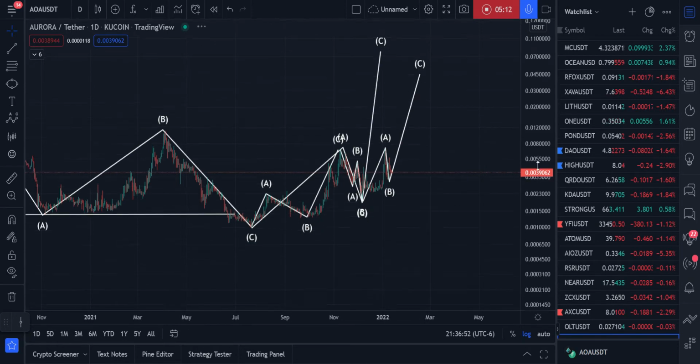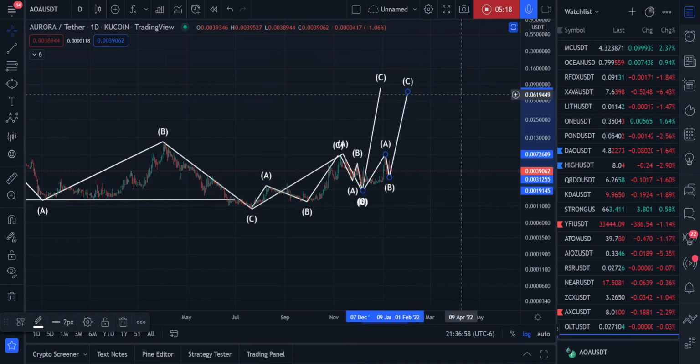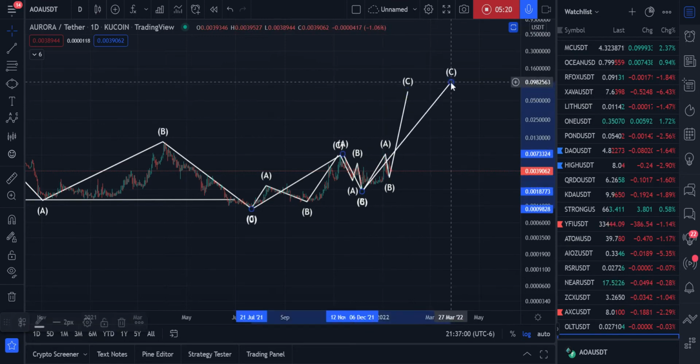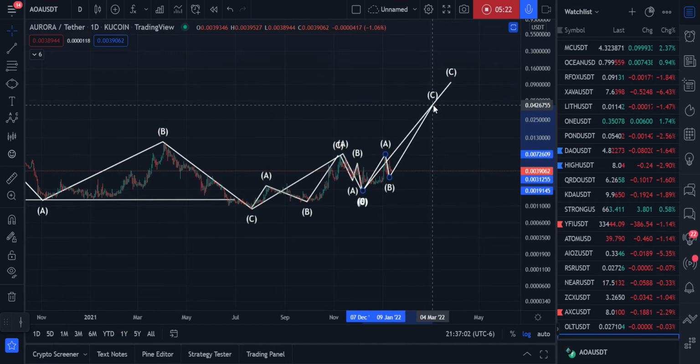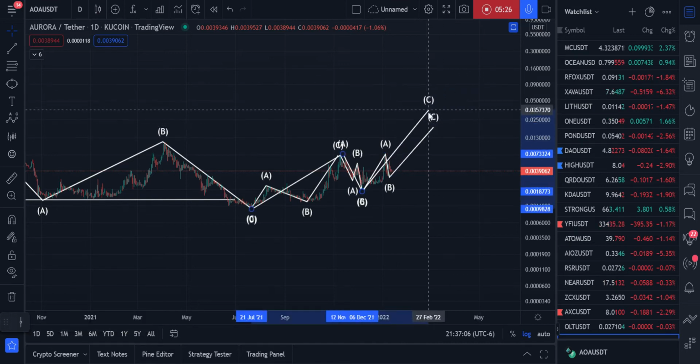And it could possibly look something like that. That subwave count is pretty rough, but you could potentially be looking at something like that. Perhaps.